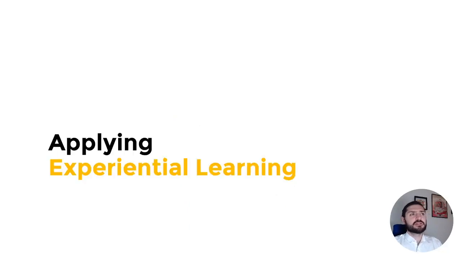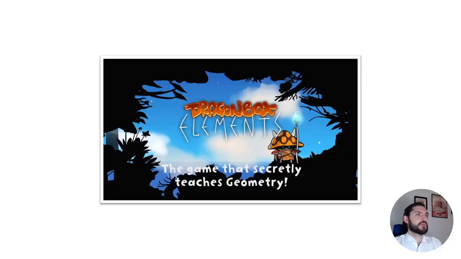So, how exactly does this apply to level design? The most direct form of applying experiential learning to game design is in the development of serious games, where the player or student is learning something important. Good serious game design is all about embedding learning into the activities and experiences of a game level.